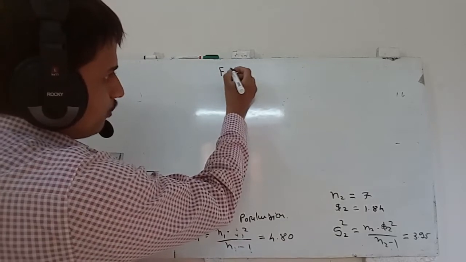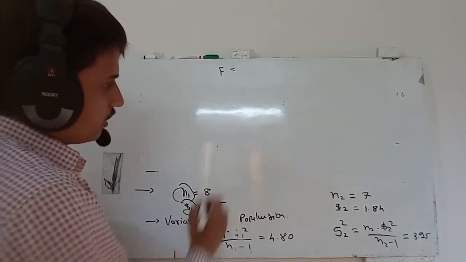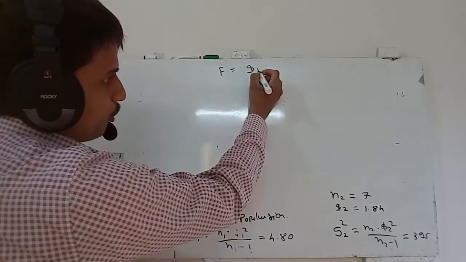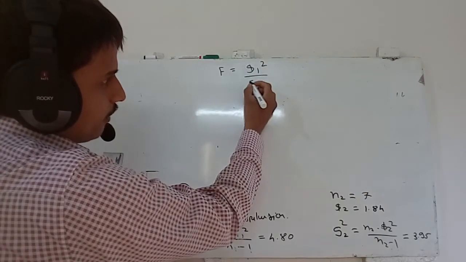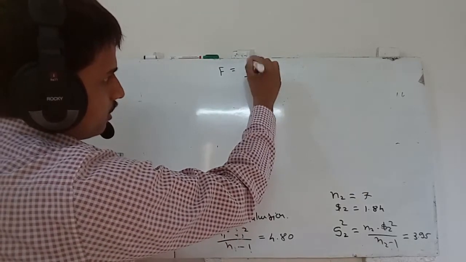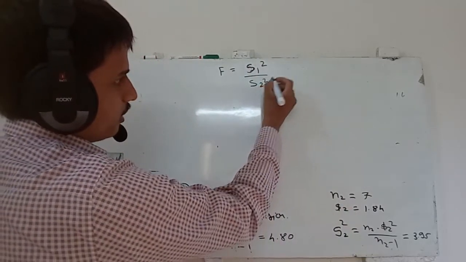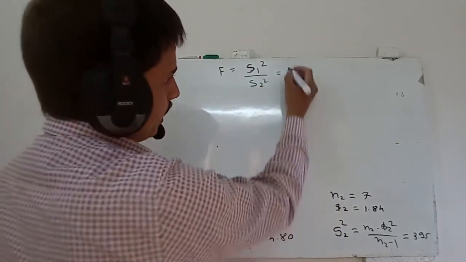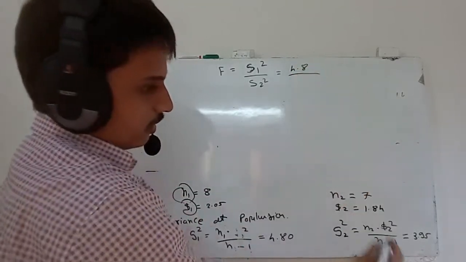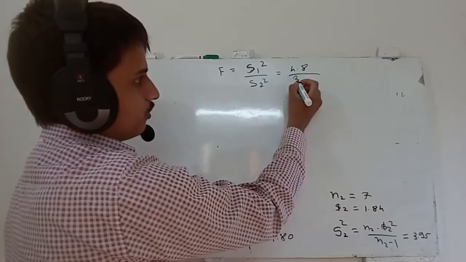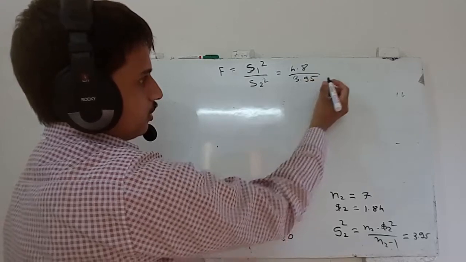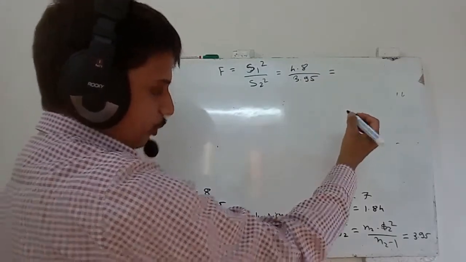F is ratio of S1 square, that is population variance of sample 1, divided by population variance of sample 2, S2 square. So it is 4.8 divided by 3.95. So it will be approximately 1.22.